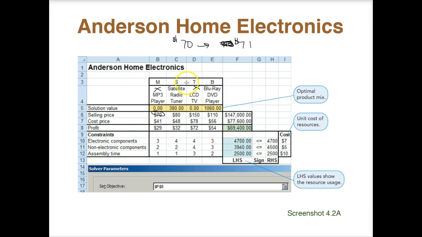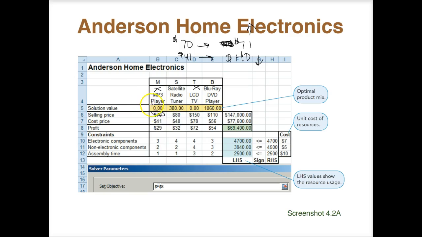Now on the other end, the other thing that we would have to do is to take the cost, which is $41, and decrease that by $1. So here we would have to go from $41 down to 40. So we go up this direction, go down this direction.